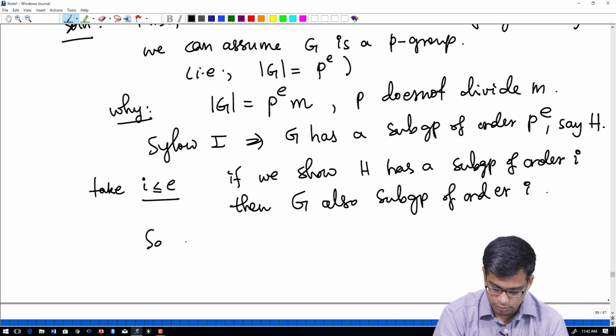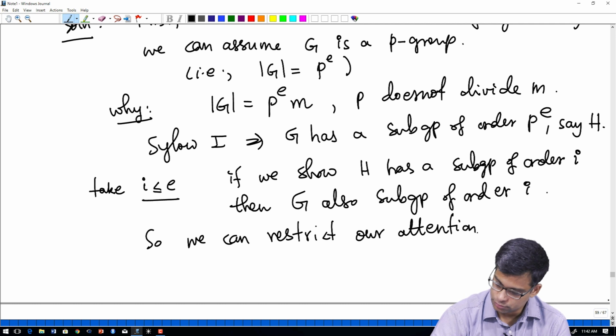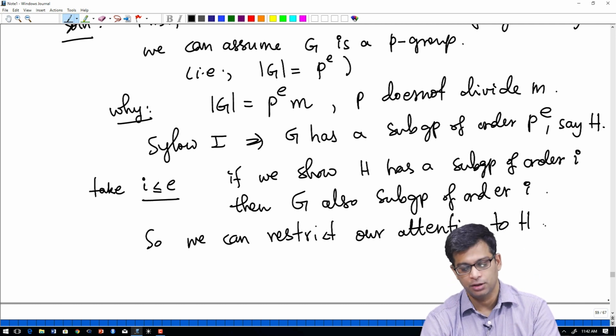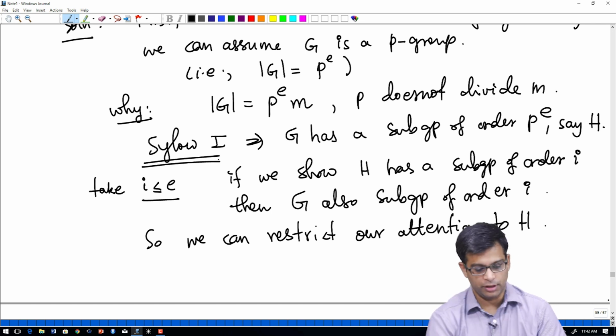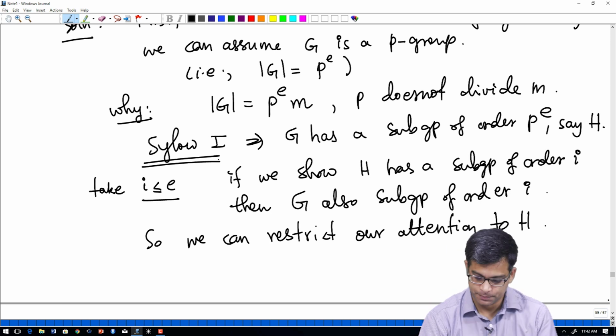So, we can restrict our attention, and in order to make this assumption we need the Sylow theorem. In the rest of the proof we do not need it. So, the Sylow theorem is needed for this reason.